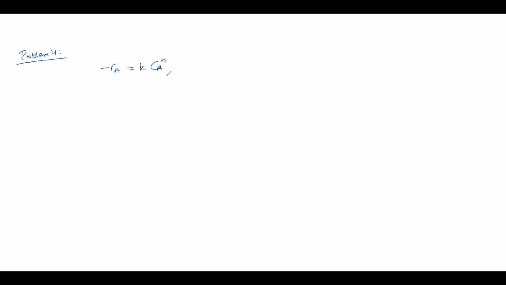It could be K Ca Cb to the power n, it really does not matter. And you're being told that Ca2 is equal to 2Ca1. And this basically translates to doubling the concentration of reactants, right? Doubling.